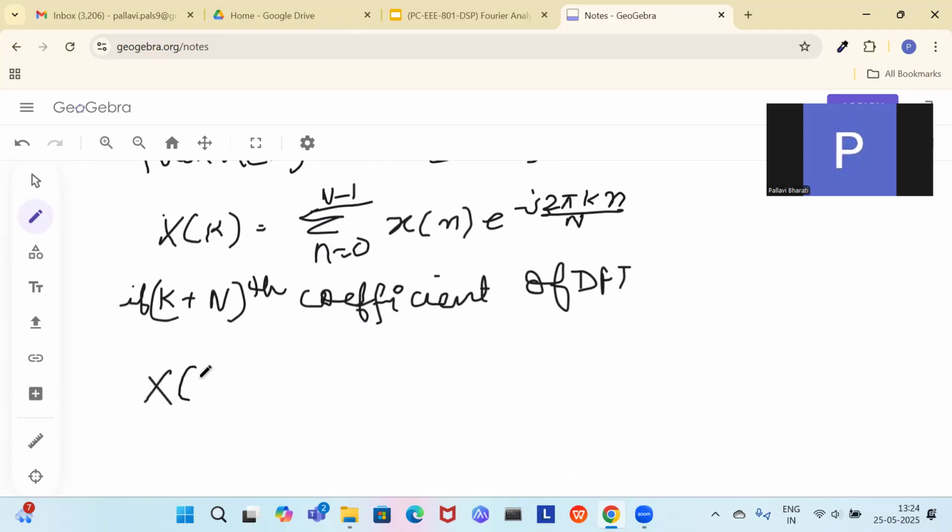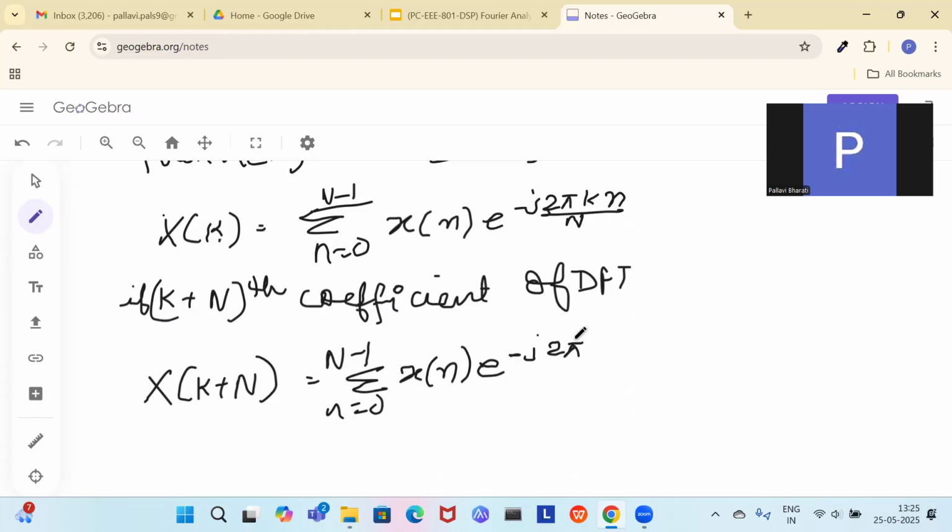So what will be the change in the formula here? The sum from n equals 0 to N minus 1 remains the same. This n is not going to change. Wherever there is k, that will be replaced by k plus capital N. So x(n) e to the power minus j 2 pi, small n over capital N, times k plus N.